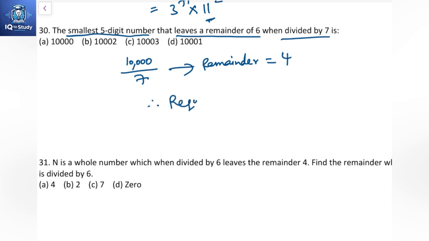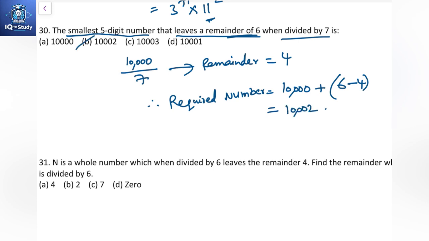Therefore, the required number is equal to 10,000 plus the given remainder 6 minus 4, which is equal to 10,002. Option B.